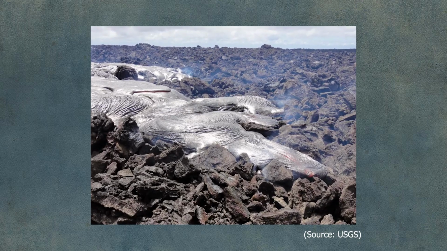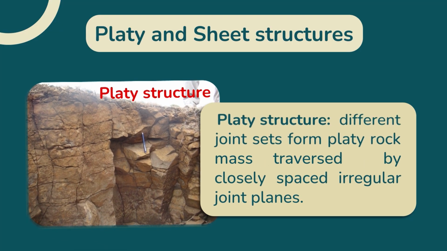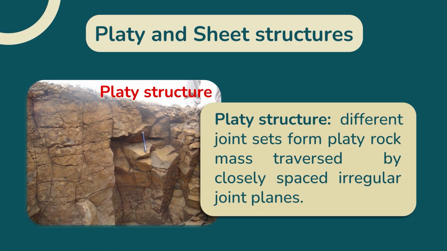You can see rope-like structure here, and then another structure which is very commonly seen in volcanic rocks is platy and sheet structures. Platy structures are different when different joint sets form platy rock mass traversed by closely spaced irregular joint planes.